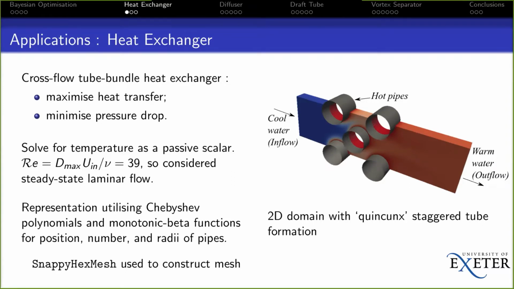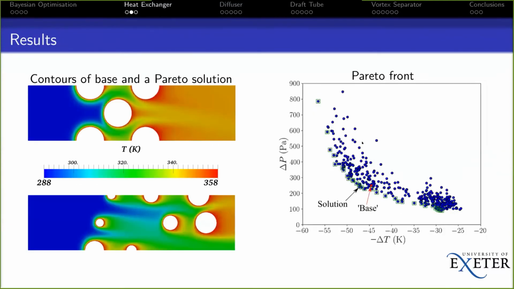And these 2 requirements are very much in opposition to each other because you increase the heat transfer by increasing the coupling between the flow and the surfaces, and that increases the pressure drop. So we're going to get a balance between the 2 of them.